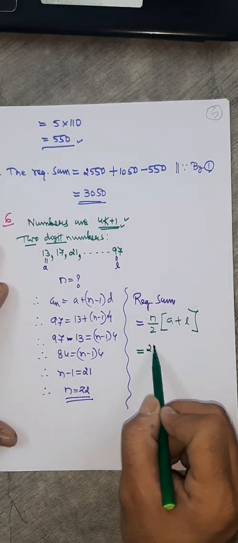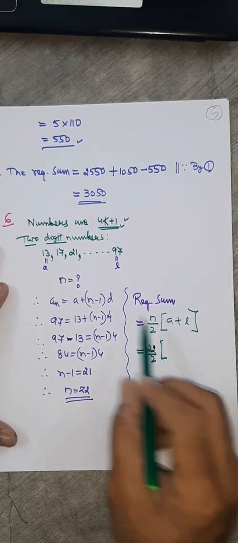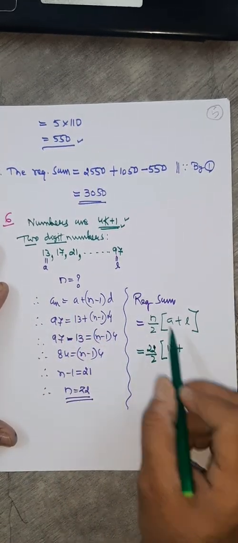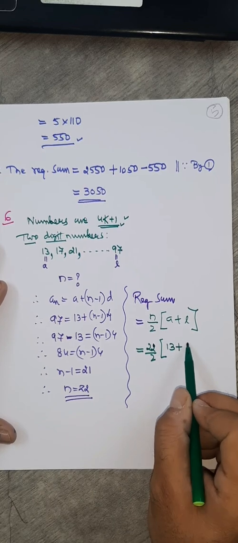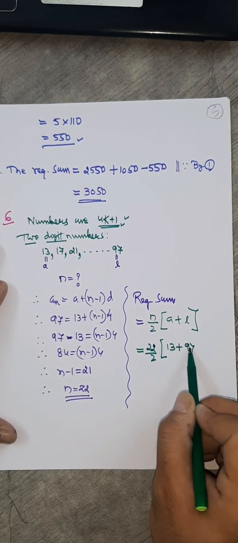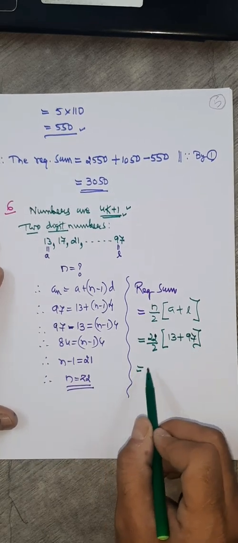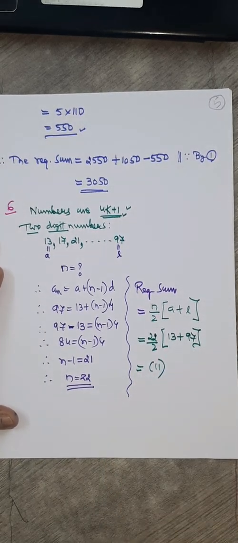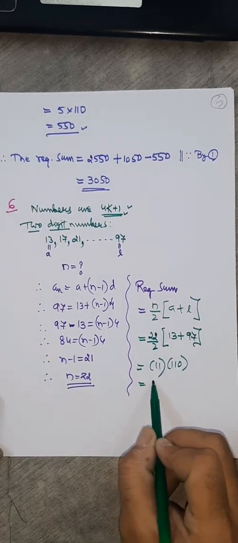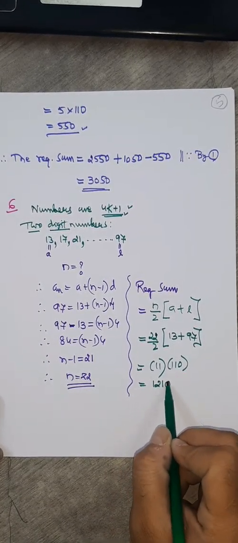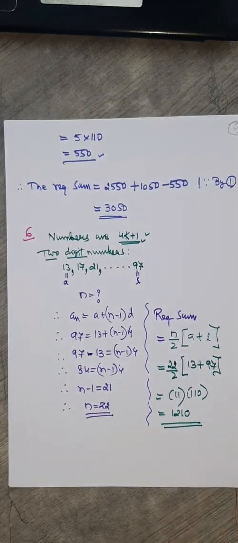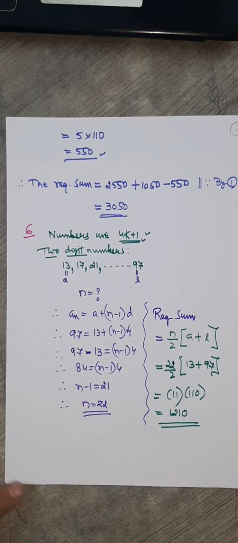It's 22. So 22 by 2, times a, the first term, which is 13 here, plus the last term, which is 97. So we'll get 11 into 110, so we'll get 121 into 10, which is 1210. That's the required summation. Okay, next question.